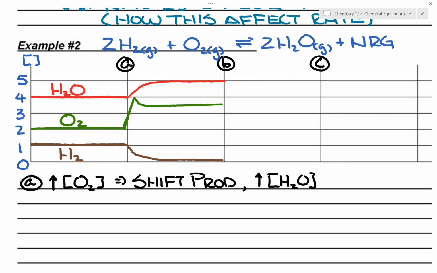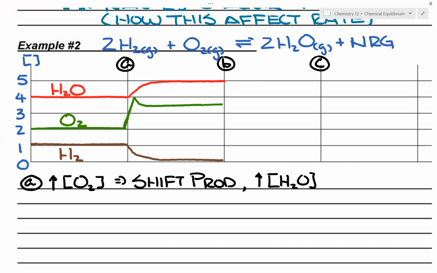So as the equilibrium is being reestablished, the product concentration is going up, the reactant concentration is going down. Okay? All right, let's do another one.